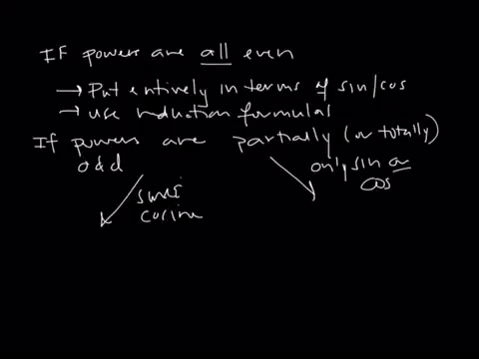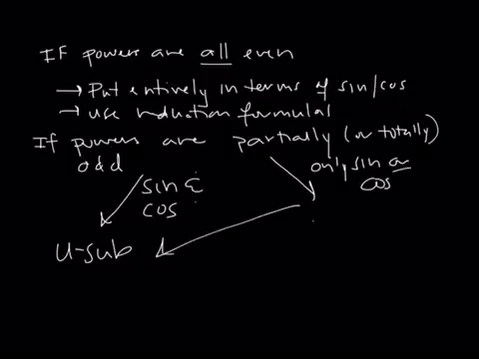If there's sine and cosine, let me rewrite that nicer. If it's sine and cosine, then you can do a nice u substitution, and that's going to be your best way to do it, because you're not going to ever be able to get rid of one of them because one of them is odd. If it's only sine or cosine, doesn't matter if it's odd or even, you can use u sub or reduction formula.